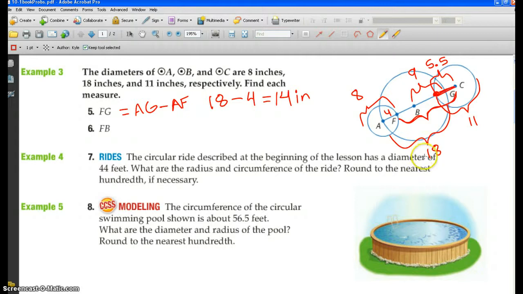Number 7. The circular ride described at the beginning of the lesson has a diameter of 44 feet. What are the radius and circumference of the ride? Round to the nearest hundredth if necessary. All right, we have a circle.